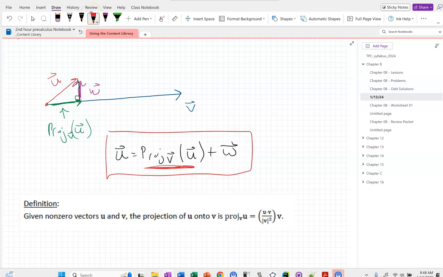And this is a scalar, u dot product with v, divided by the magnitude of v squared, times the vector v. Remember that the result of a dot product of two vectors is a scalar, just a regular number. The magnitude of a vector is just a scalar, a regular number. So this is just a scalar multiplication.